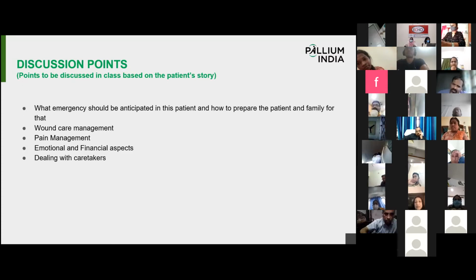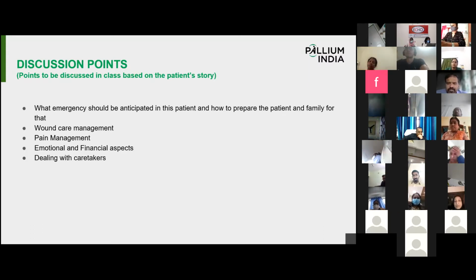For example, if the person is fully bedridden, we can go for an airbed. And then position change is very much needed, every second hourly when the person is lying, or if the person is bound to a wheelchair, every 15 to 20 minutes, we need to do the position change to prevent a pressure sore.